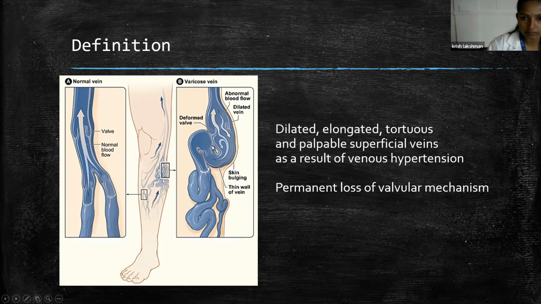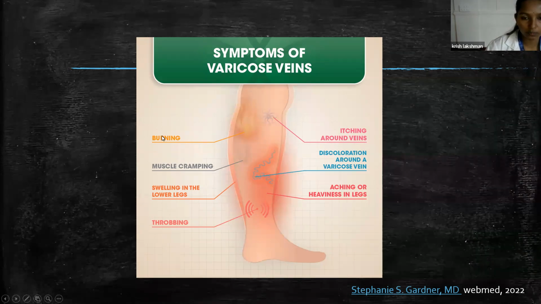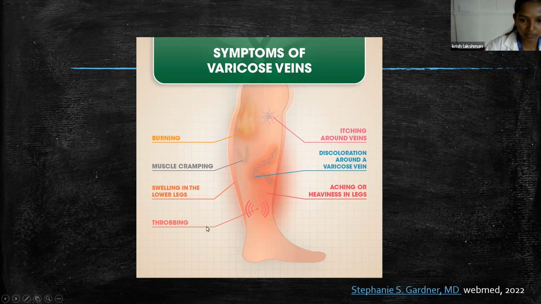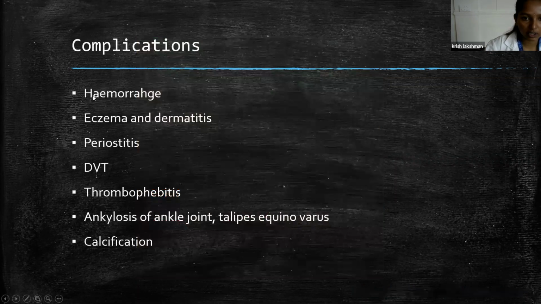So the patient presents with symptoms of either itching around some visible veins, or burning sensation in the leg, or muscle cramping, discoloration of the vein, as we see bluish or greenish presentation, and swelling in the lower legs in the form of edema, or throbbing kind of pain, or heaviness. If the patient does not consider the symptoms, he might land up with complications like hemorrhage.